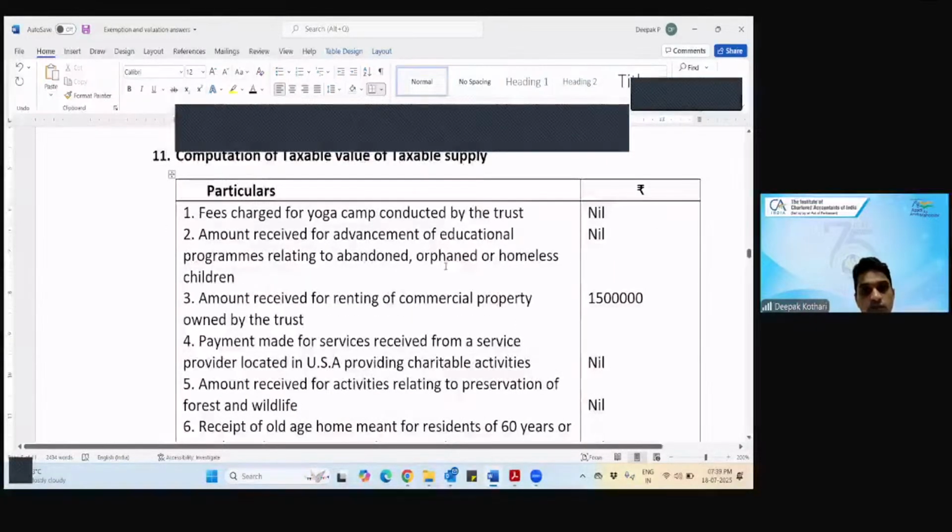So the confusion people had on yoga camp is also part of charitable activities. So that is also exempted.